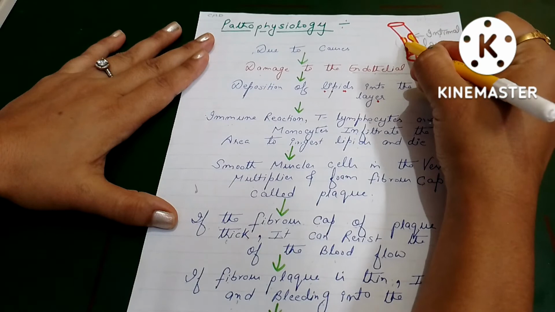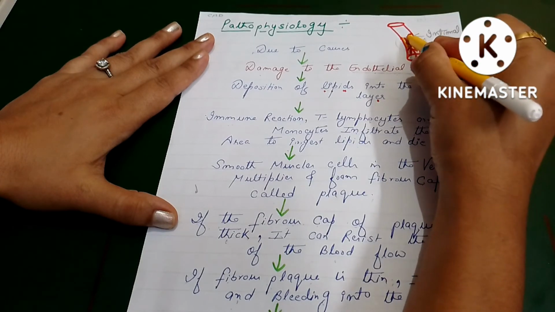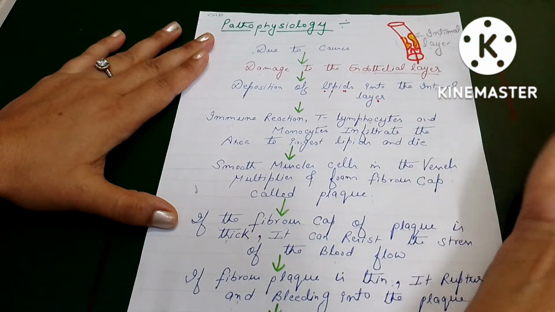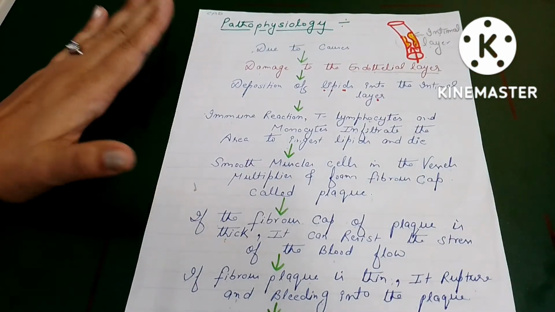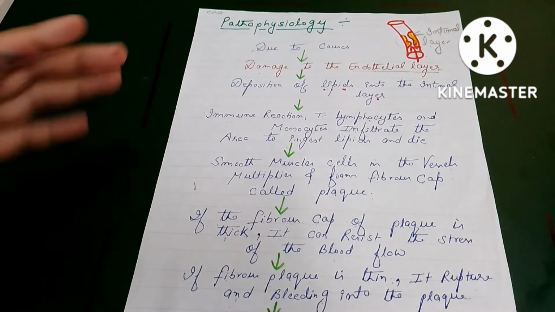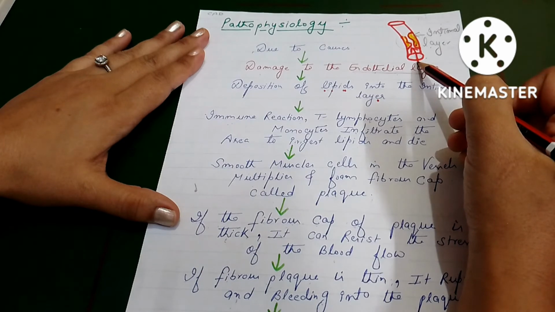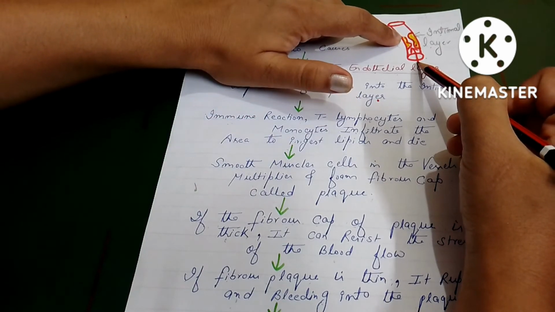After long decades this plaque is deposited here, due to the deposition of smooth muscle, the death of T lymphocytes and monocytes, and the deposition of lipid and cholesterol. Suppose this fibrous cap of the plaque is thick. The blood which was earlier flowing through a smooth pathway will face resistance here.